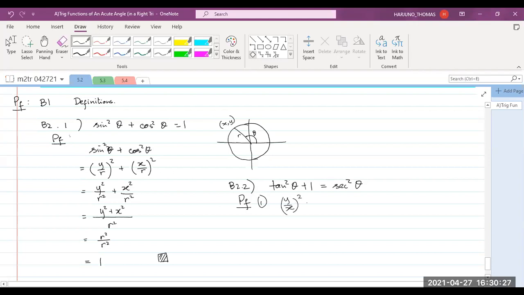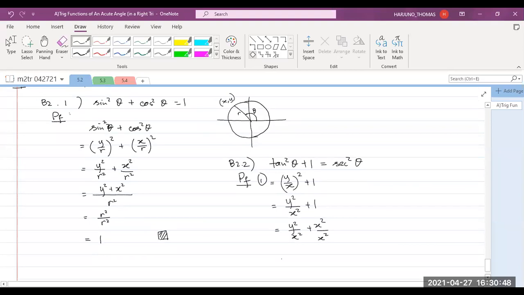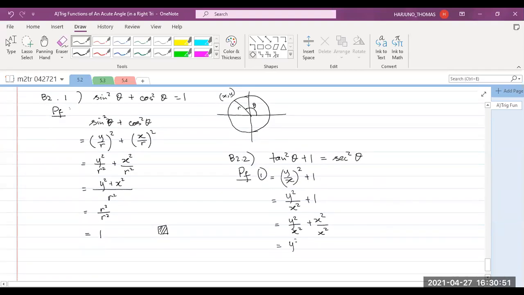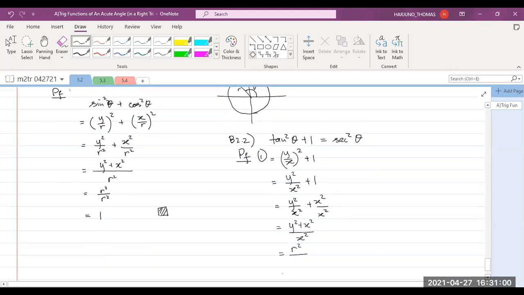Tangent squared theta is y over x squared plus 1 equals to y squared over x squared plus 1 equals to y squared over x squared plus x squared over x squared. That is y squared plus x squared over x squared. That is r squared over x squared by Pythagorean theorem.